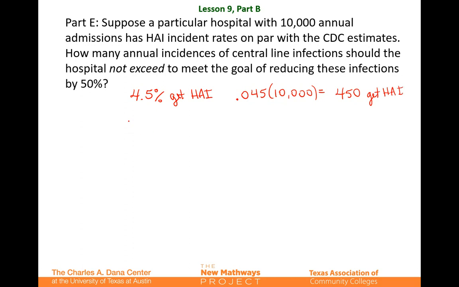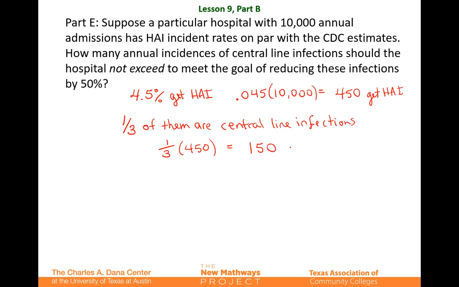We know that in the past, 1/3 of that amount are central line infections. So we say 1/3 of 450 is 150 infections in patients, right? That's the number of patients that get central line infections.